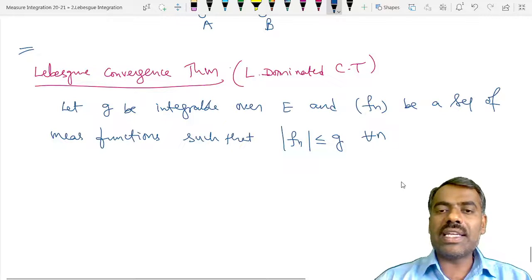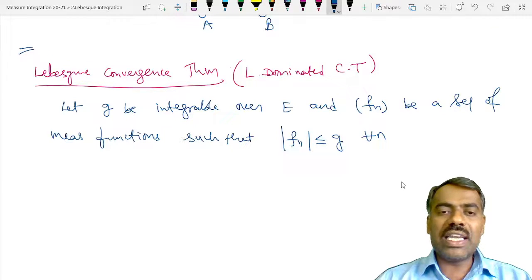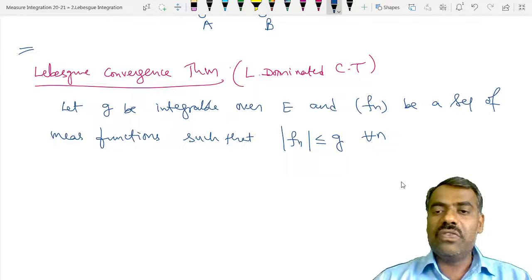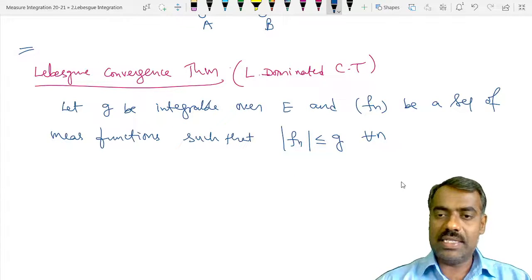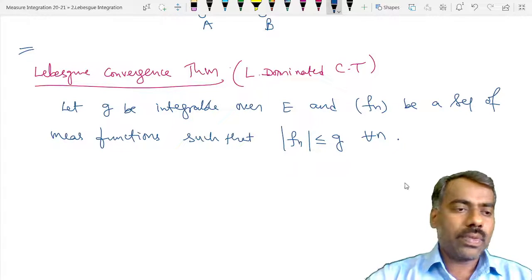That's why we are calling it dominating. So if there exists an integrable function which dominates every measurable function f_n, then the limit and integral can be interchanged.